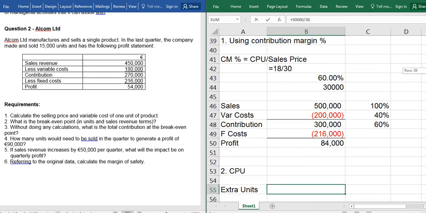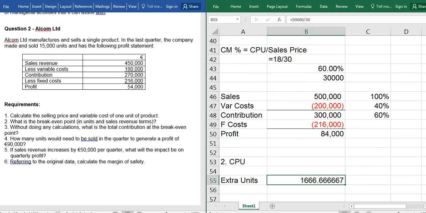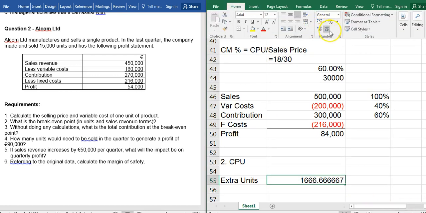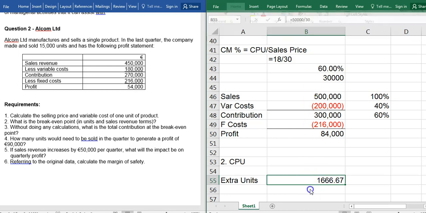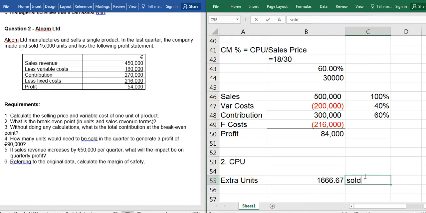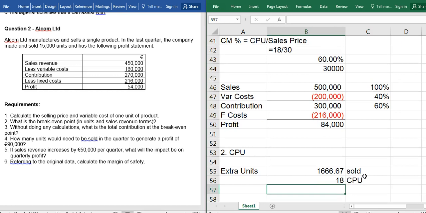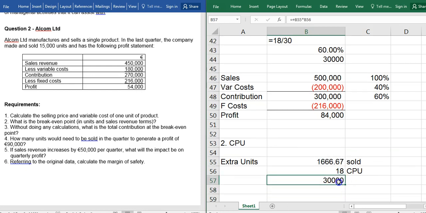That means additional sales of 1666.66. Now you can round if you want, it won't be exact, but we won't round because we're working in Excel. So the extra units sold were 1666, and the contribution per unit is 18.